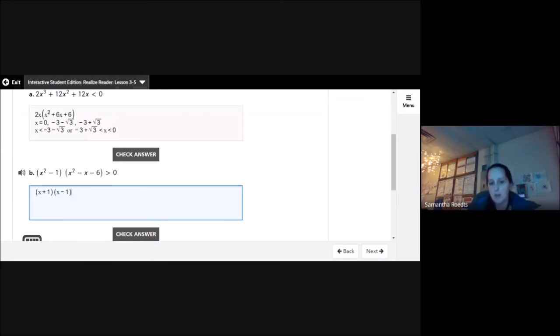And then x squared minus x minus 6 gives me x minus 3 times x plus 2. Okay. So my zeros are -1, 1, 3, and -2. So x is greater than -2, or -1 is less than x is less than 1, or x is greater than 3.